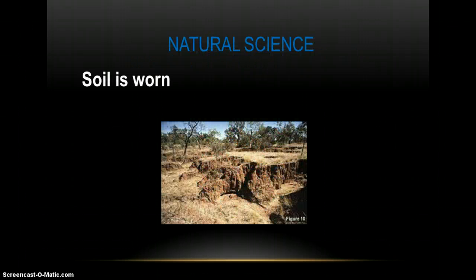We can learn natural science using constructivism. For example, in this case, the soil is worn. Students can take a walk outside the school building and be asked to find where the soil is worn, where it seems to have collected.